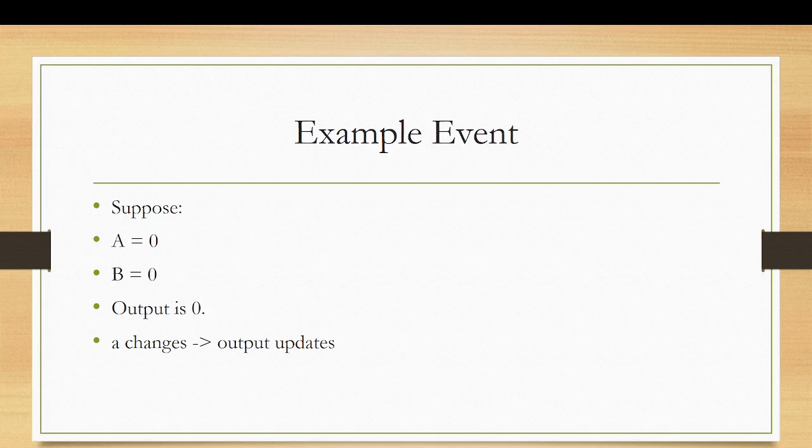Suppose A = 0, B = 0, output is 0. Nothing interesting happens. Now A changes from 0 to 1. Boom, that's an event. The simulator notices it, recalculates the output, updates the result, and then goes back to sleep.